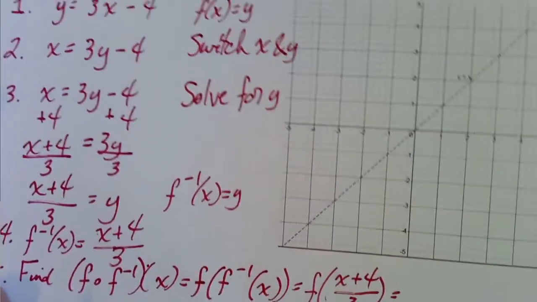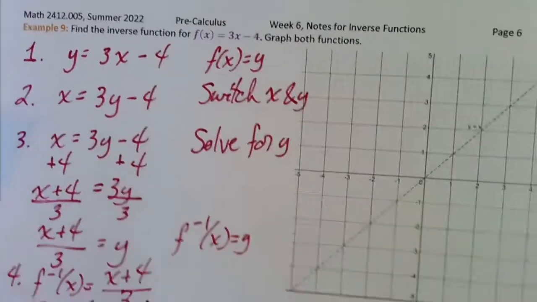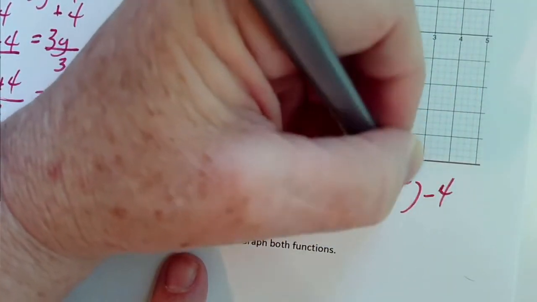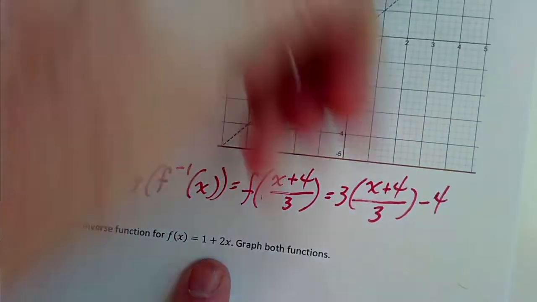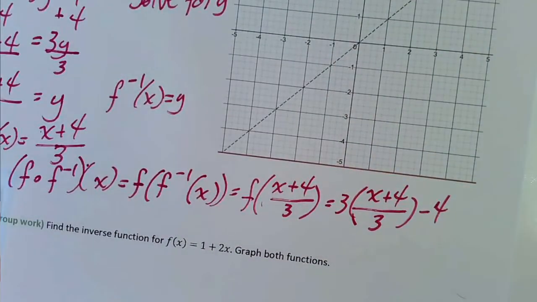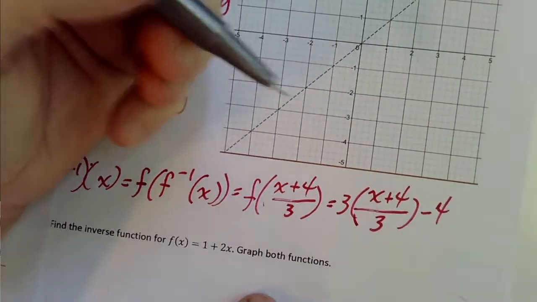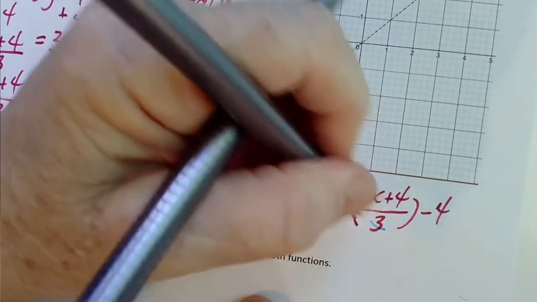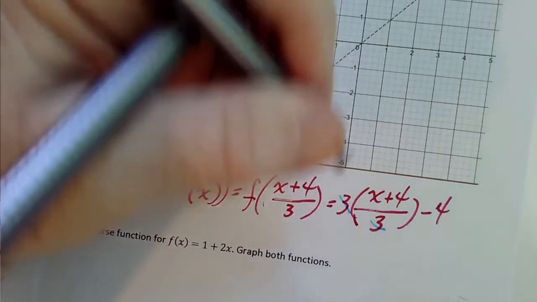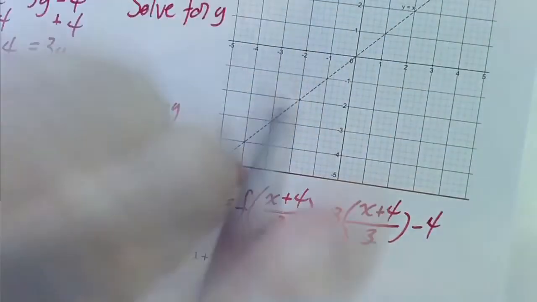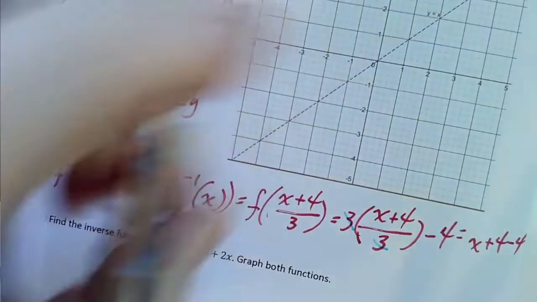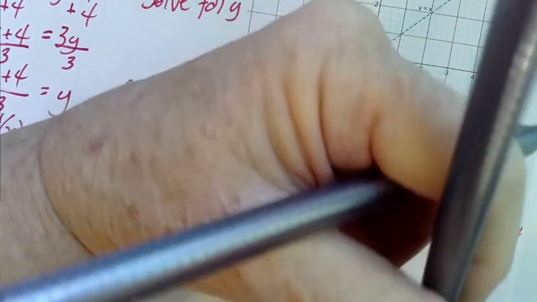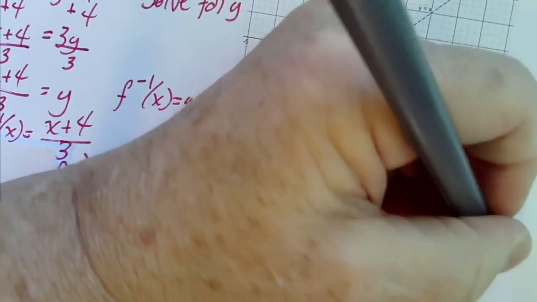And the formula for f was 3x minus 4. Notice that the first thing we can do is divide out these 3's. 3 divided by 3, those cancel, they undo each other. Now we're left with x plus 4 minus 4. The 4's undo each other, and we're left with x, which is what we want.